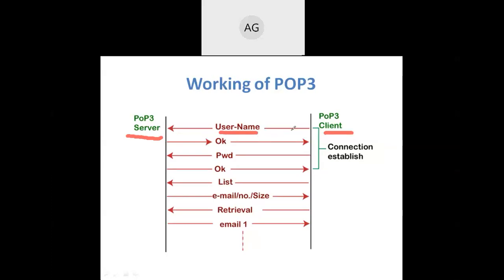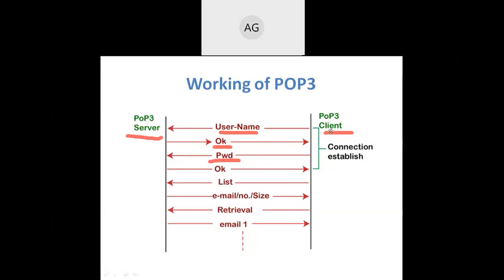Once the POP 3 client gives the username, the POP 3 server checks this username in its records, and if it finds this username, then it sends the OK signal to the POP 3 client. After this, the POP 3 server wants the password from the POP 3 client.